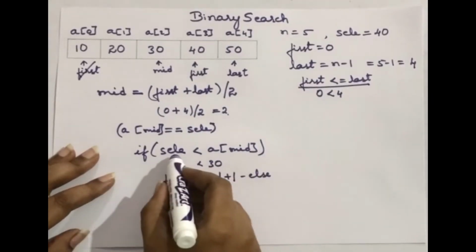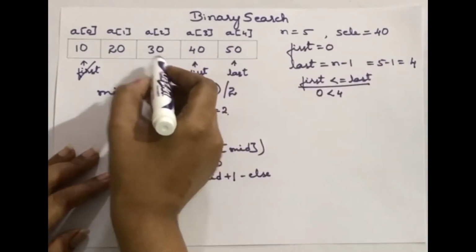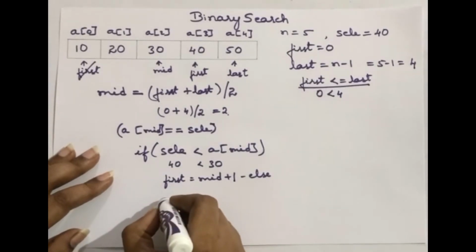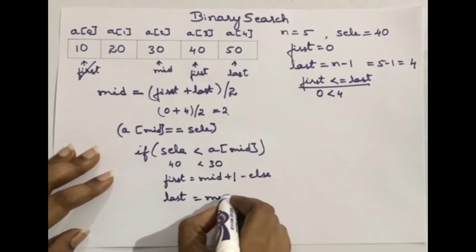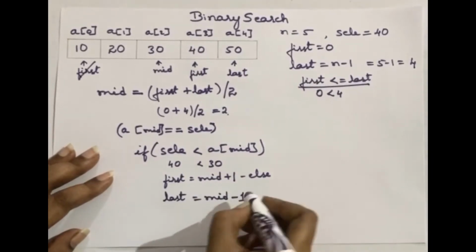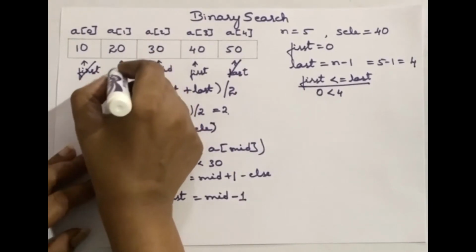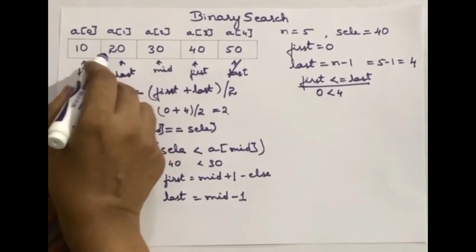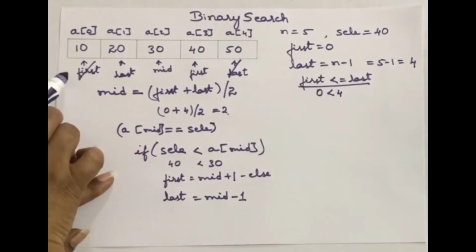When this statement is true, suppose our search element is lesser than the mid element. In that case, we will write last equal to mid minus 1. That means we will remove this and it will be pointing to A of 1, for 20 it will be pointing. In that case, we wouldn't have moved the first pointer.